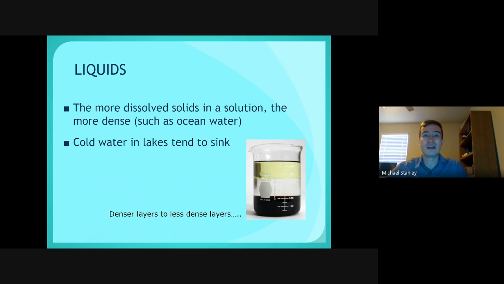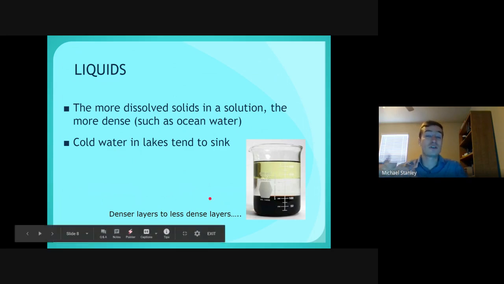It has more matter in it than liquid without that stuff. So ocean water, for example, is more dense than lake water or fresh water because it's got all that extra salt that's dissolved in there.